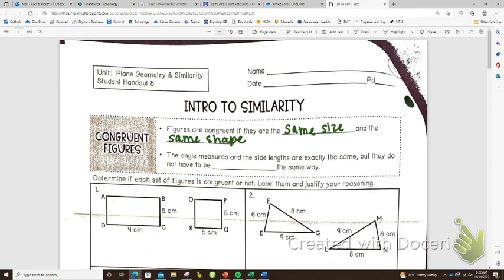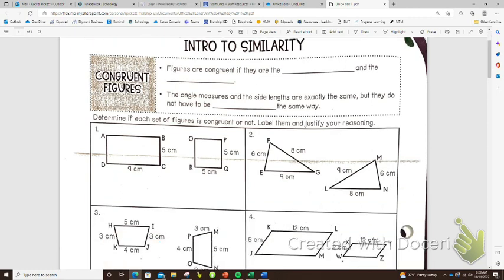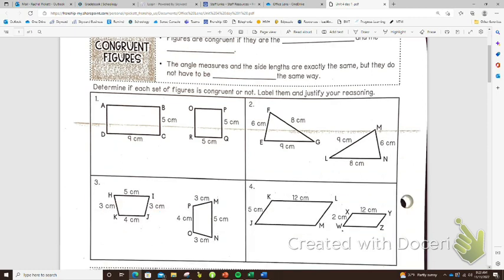The angle measures and the side lengths are exactly the same, but they do not have to be oriented the same way. That just means that they can be turned around. They don't have to be facing the same direction. So we're going to look at these figures and determine if they are congruent or not.